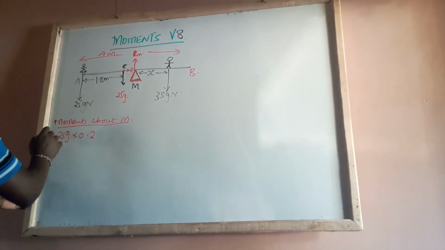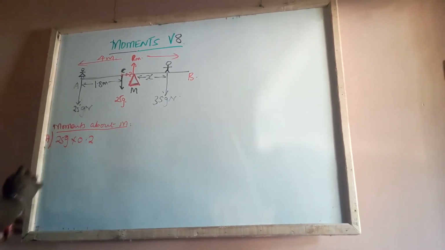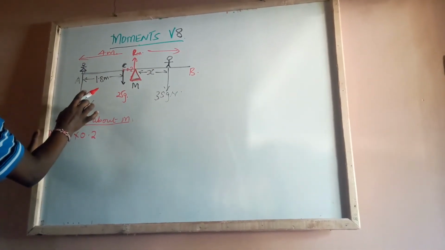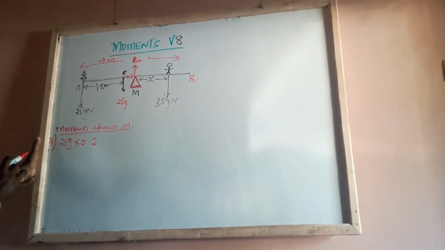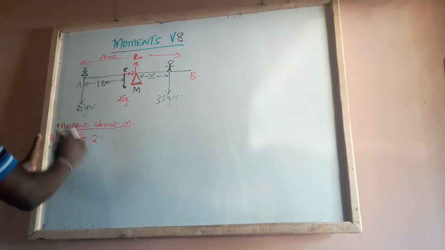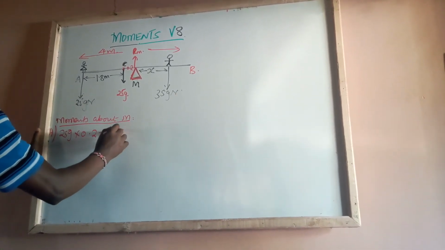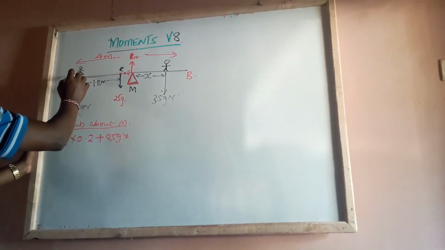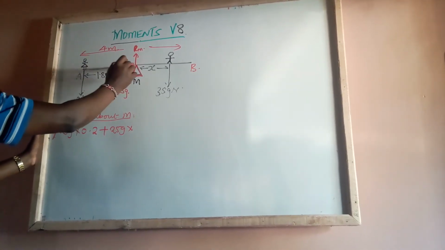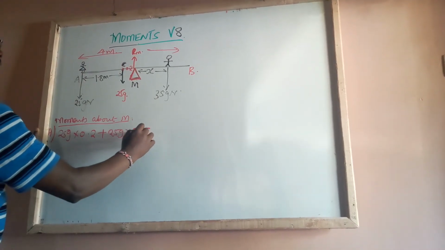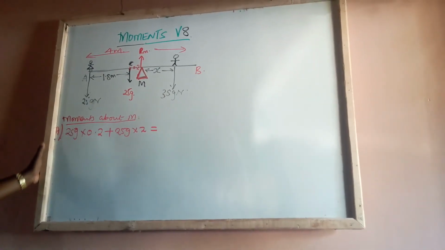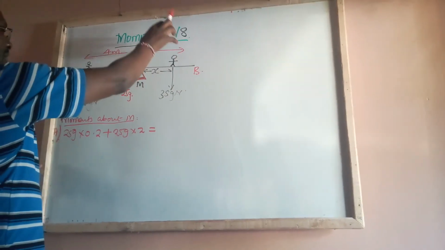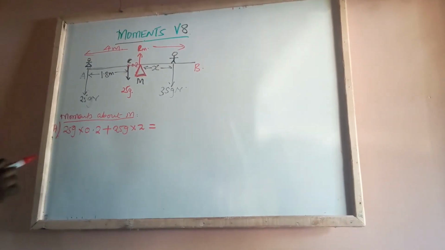The moment affected by Tasneem is also anti-clockwise, so plus 25g times 2, since the distance from where Tasneem is to the midpoint is 2. This must equal the moment about M brought about by the mass of Sam.